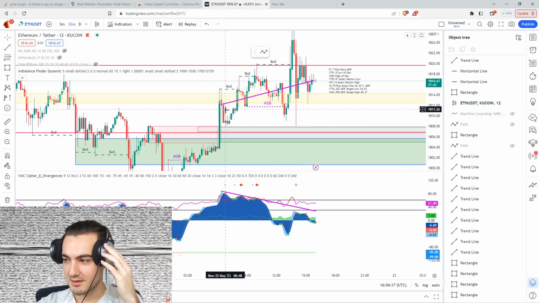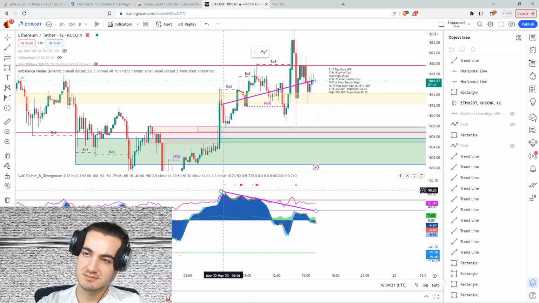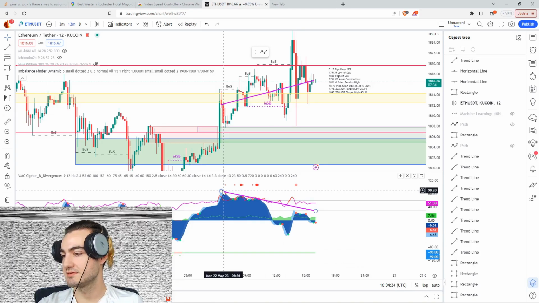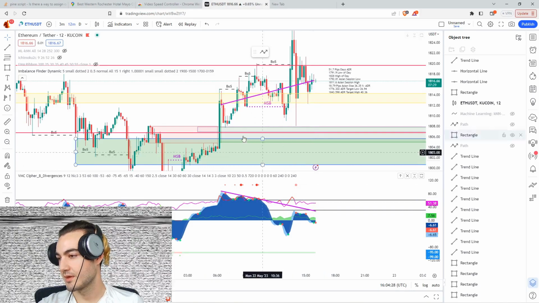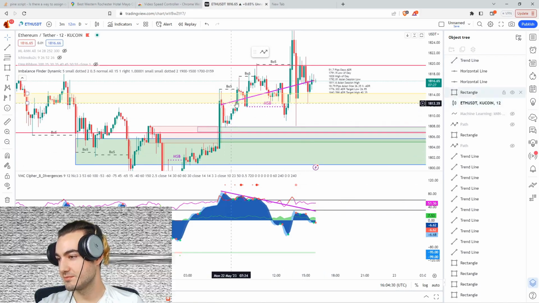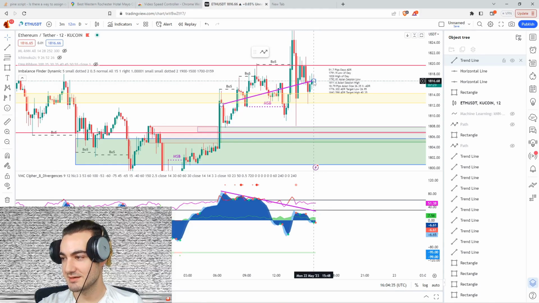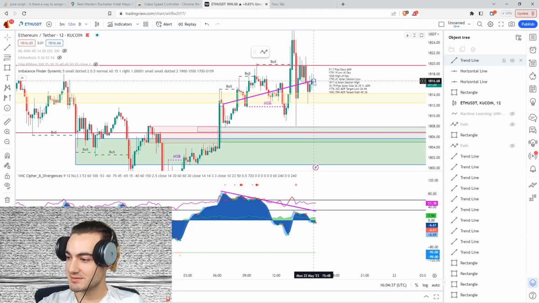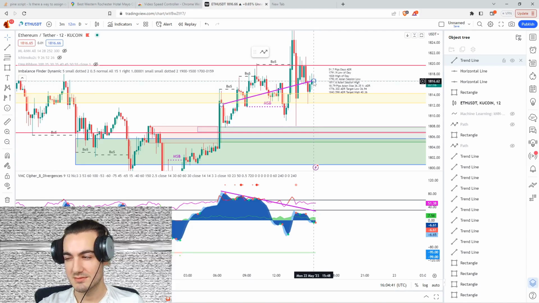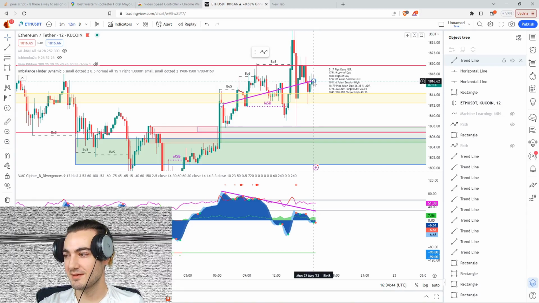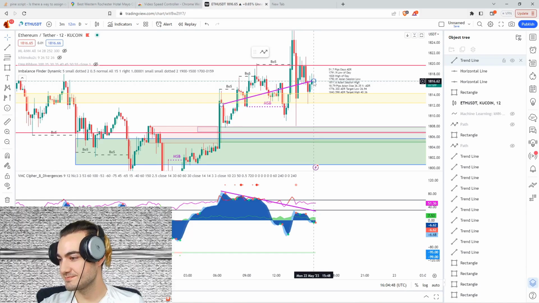I will say this is a classic example of a divergence, because here we see momentum decreasing, but at the same time we see price increasing, and this tells us that this is sort of unsustainable, because you can't be losing momentum indefinitely and still have price continuing to increase.